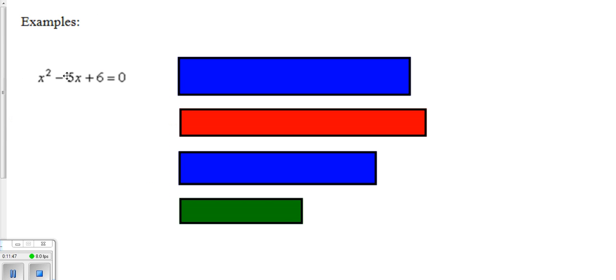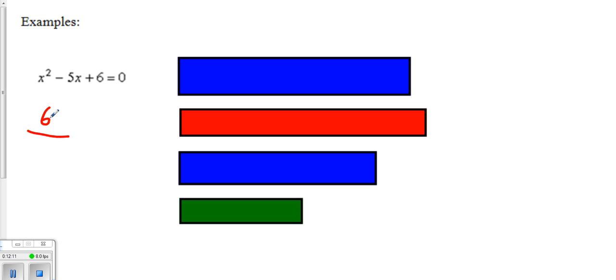If we have x squared minus 5x plus 6 equals 0, so this is already set in the correct form. Now we can go ahead and just start factoring. Our a value is 1, so 1x squared. Our c value is 6, so 1 times 6 is 6. We want the factors of 6, and I'll write this on the side, that would add up to negative 5.